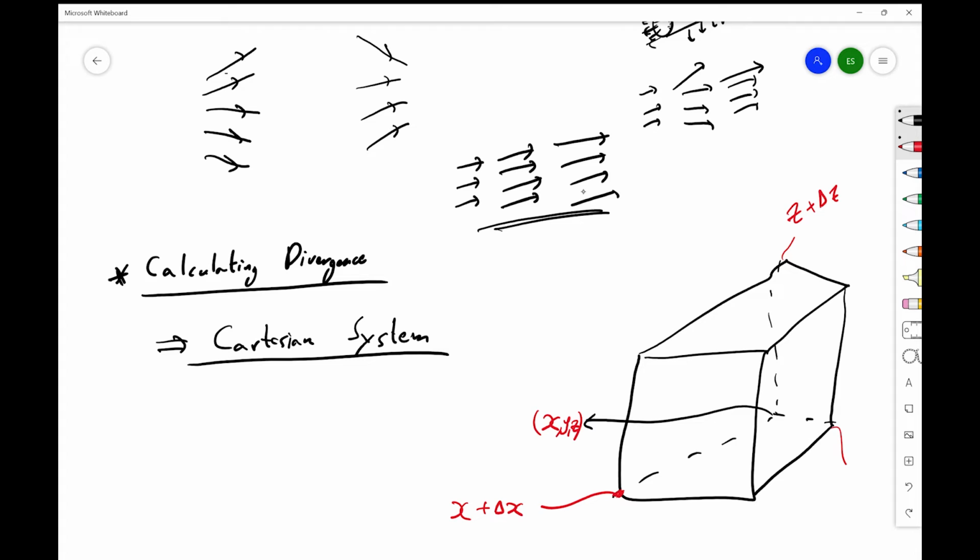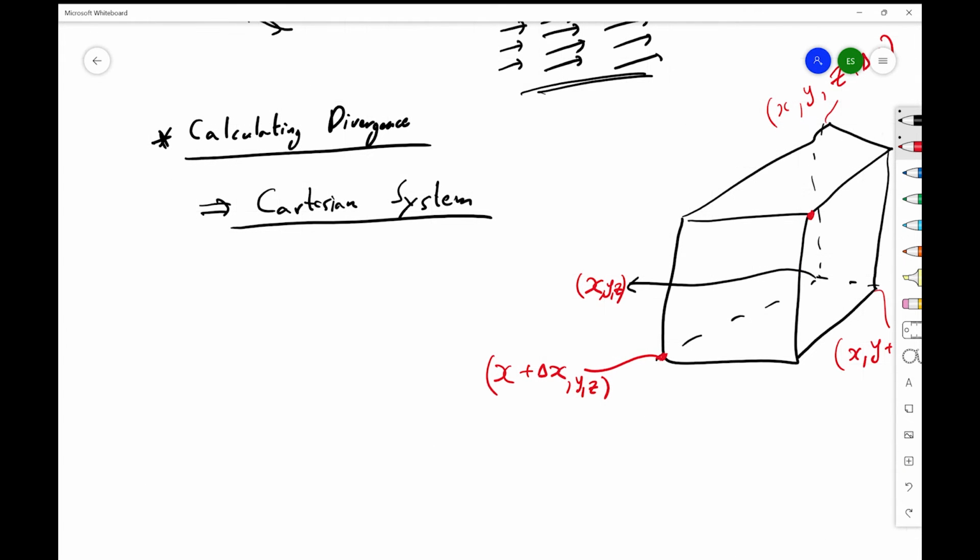This point is at y plus delta y. Those are the boundaries of the cube. Of course, this point here, we don't need, but this is going to be x plus delta x, y plus delta y, z plus delta z.